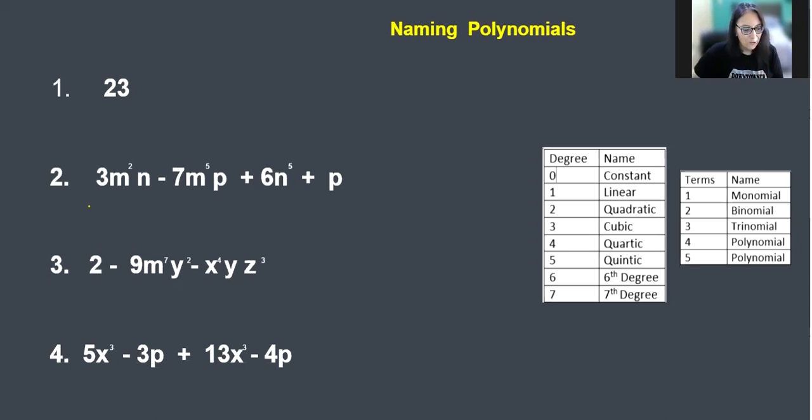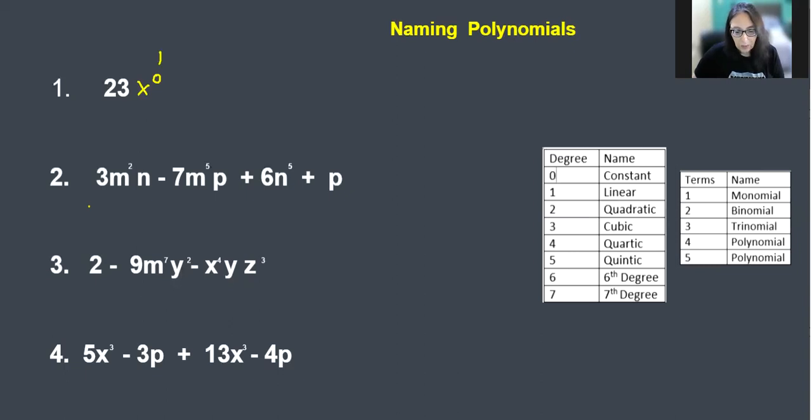So our first one here, we've got the number 23. Remember, 23 can be written with a variable by putting an x to the 0. That's the same thing as 23 because anything to the 0 is 1. So when I look over here, the biggest exponent is 0.